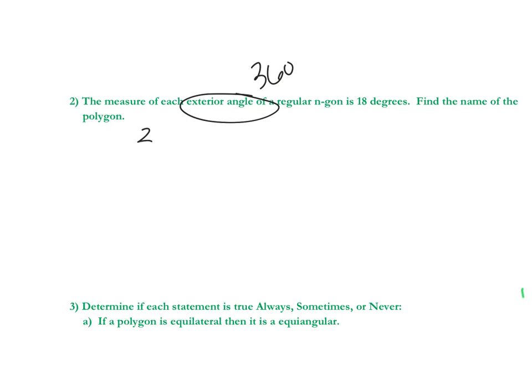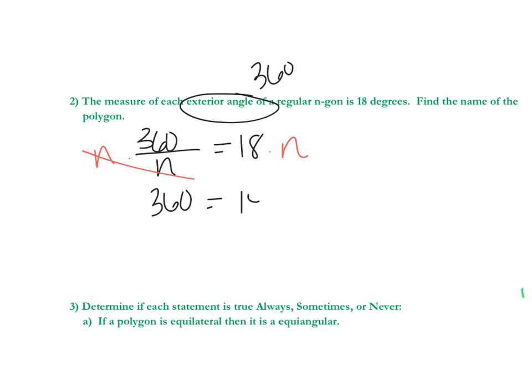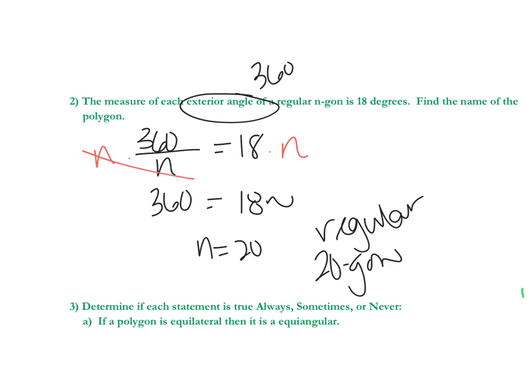So we have 360 divided by n equals 18. Multiply both sides by n. This side just cancels out. So we have 360 equals 18n. So n equals 20, and that's a regular 20-gon. And we can just say it like that.